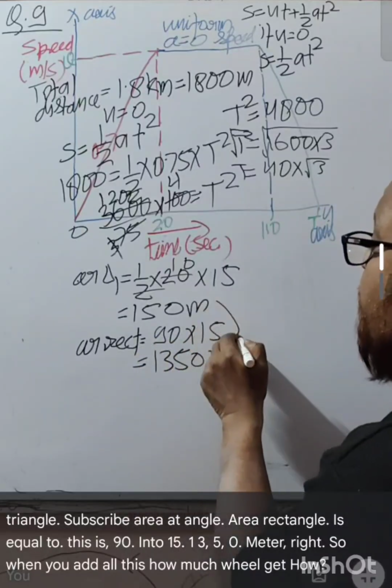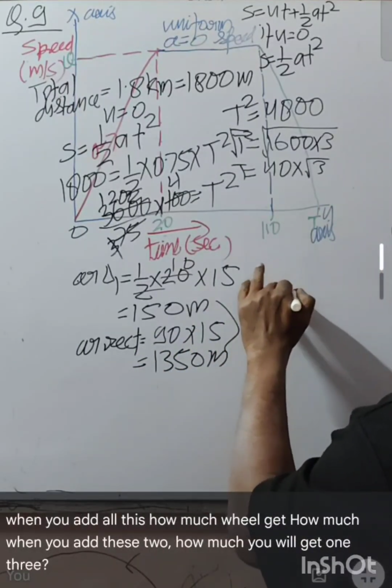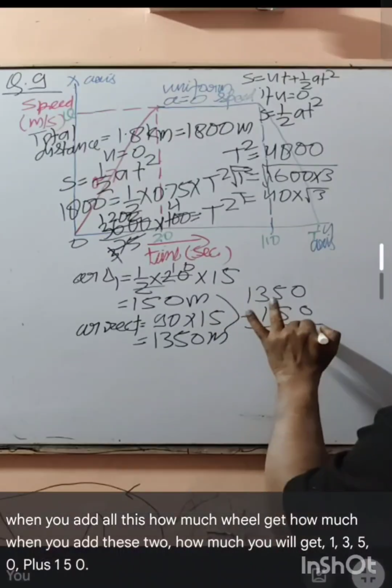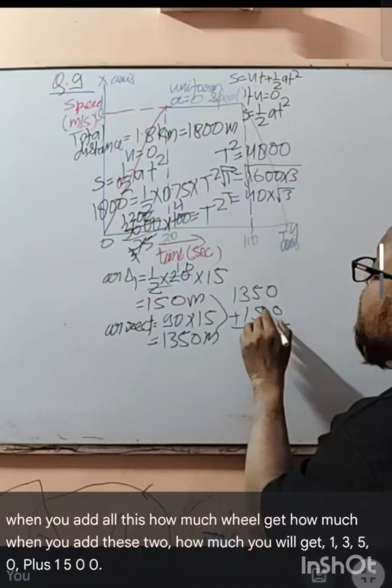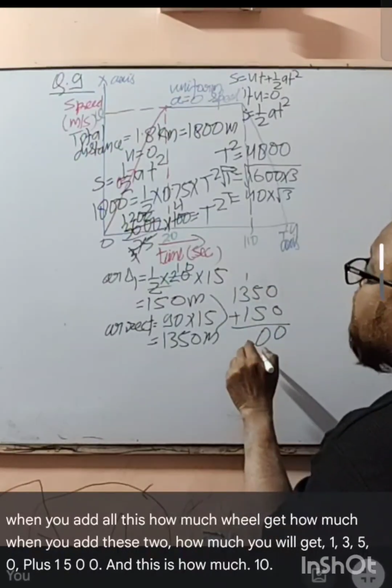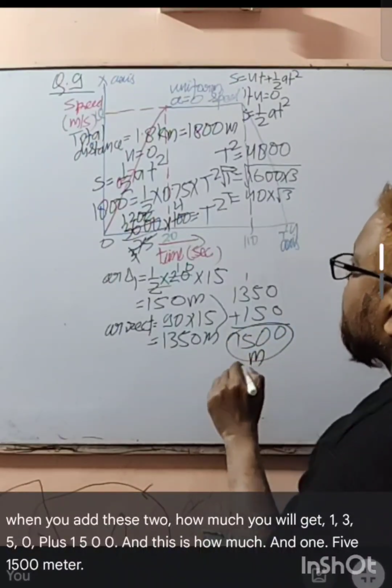So when you add all this, how much will we get? When you add these two, how much will you get? 1350 plus 150 is 1500 meter, right?